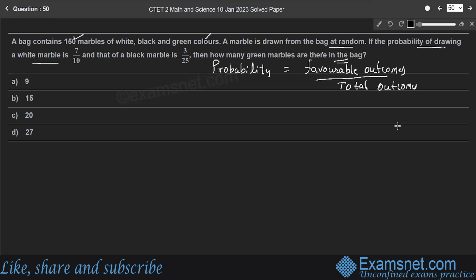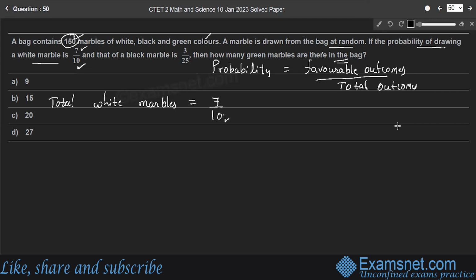The probability of drawing a white marble is 7 by 10.